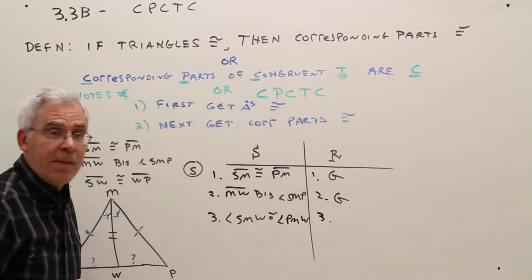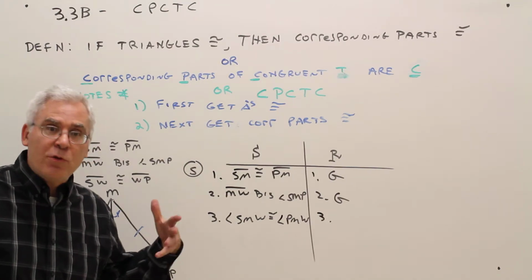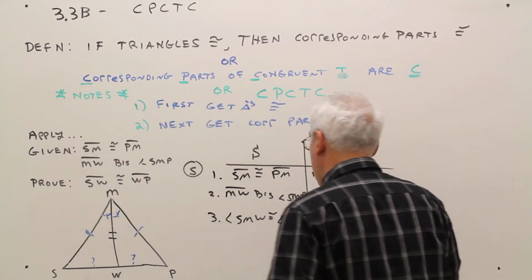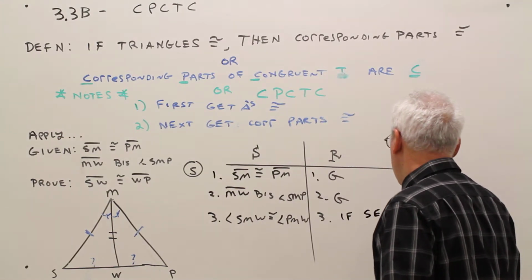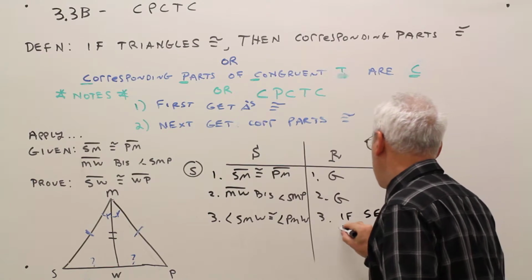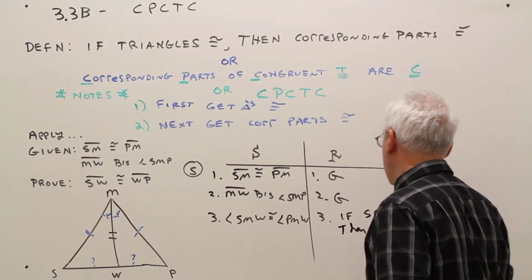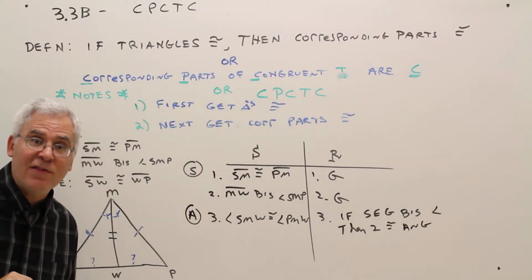And that would be: if a segment bisects an angle, then 2 congruent angles, not segments. So if a segment bisects an angle, then 2 congruent angles. So I've established the A in SAS.